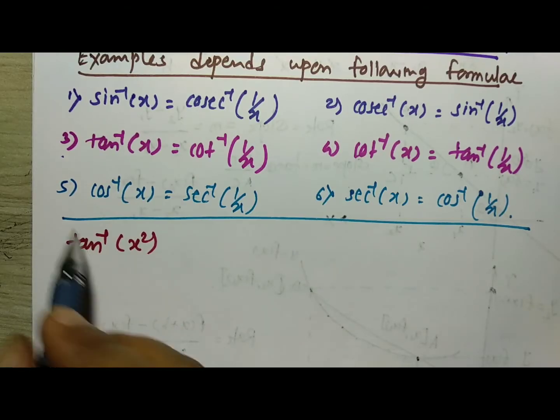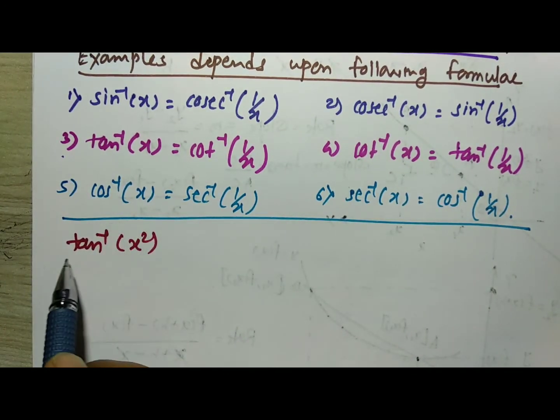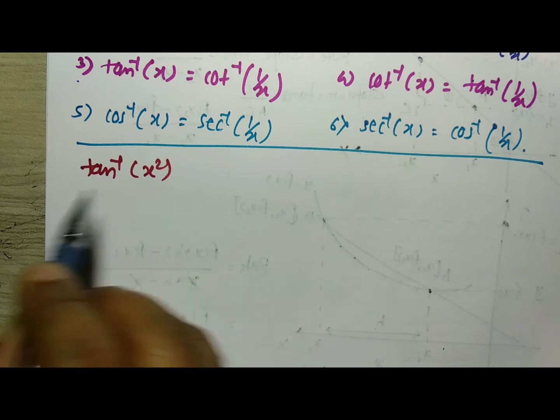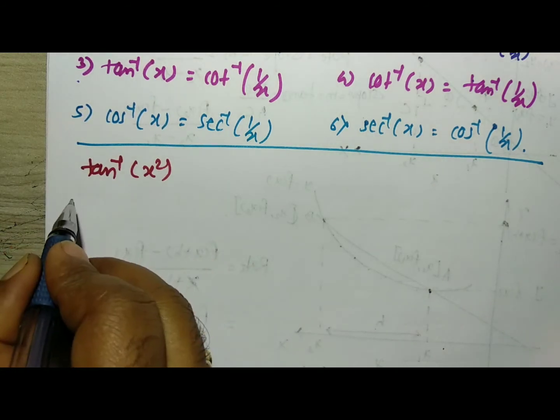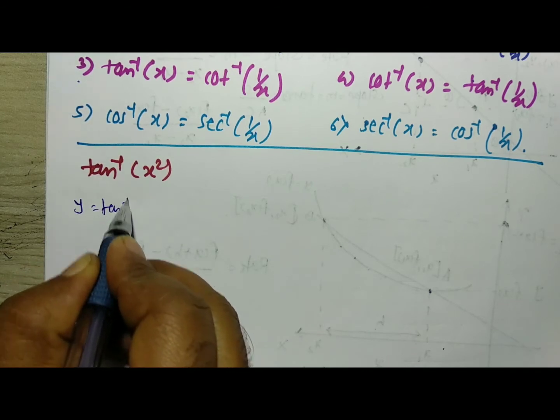Now we have to consider those formulae in the forward direction. For this purpose, first of all we take tan inverse x square function, and we know that it directly has a derivative. Let y is equal to tan inverse x square.